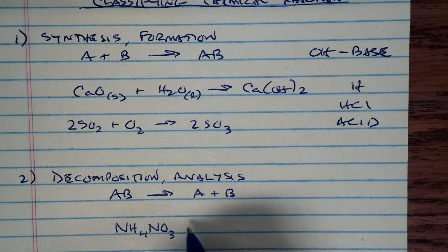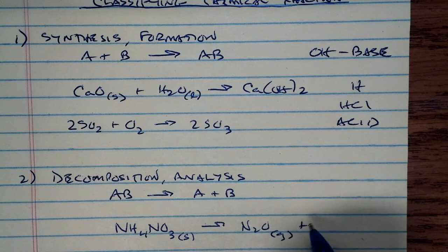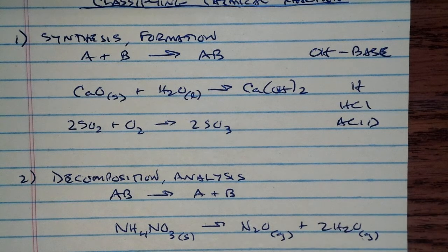Okay, and that's going to be in solid form. This is farmer's fertilizer, the one that explodes. And that's going to make dinitrogen monoxide, N2O, which is a gas, and water vapor, 2H2O gas. And this is a gas, and that's a solid.